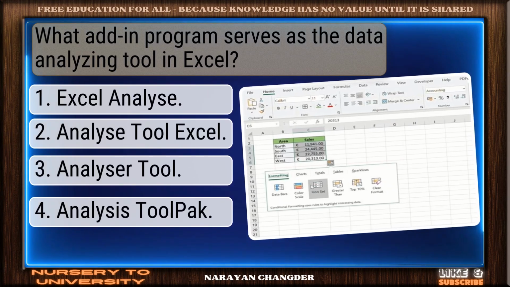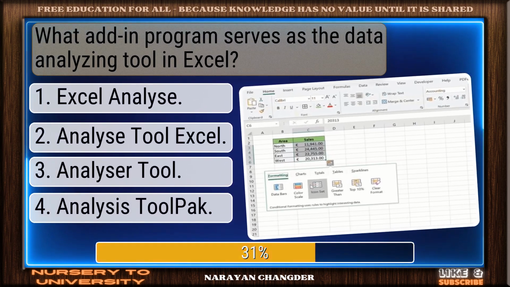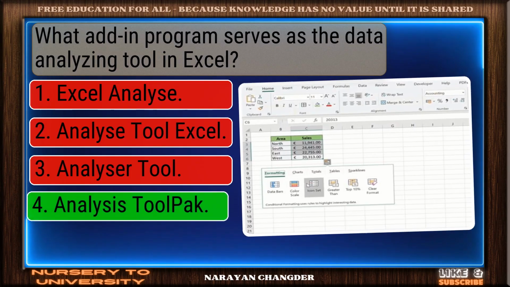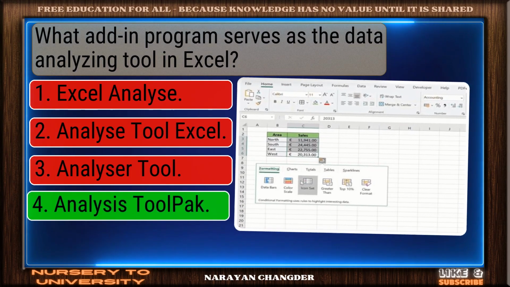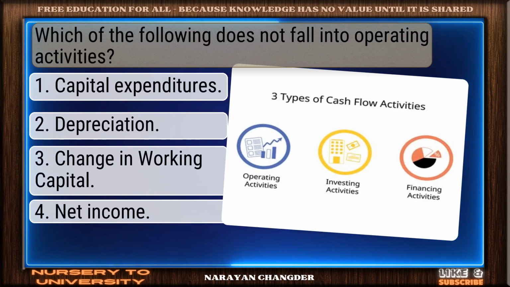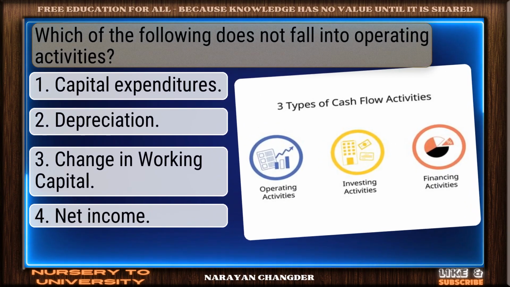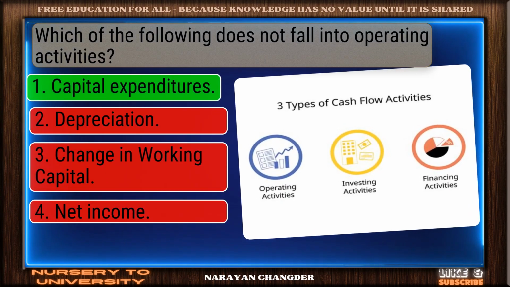What add-in program serves as the data analyzing tool in Excel? Nice work. You chose Analysis ToolPak and it is correct. Which of the following does not fall into operating activities? You're right.